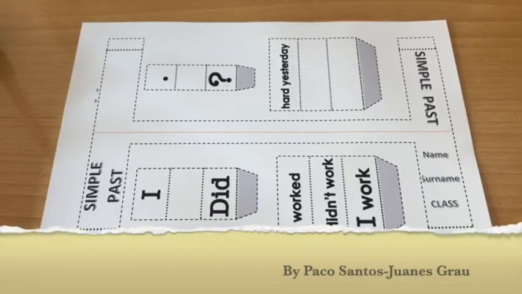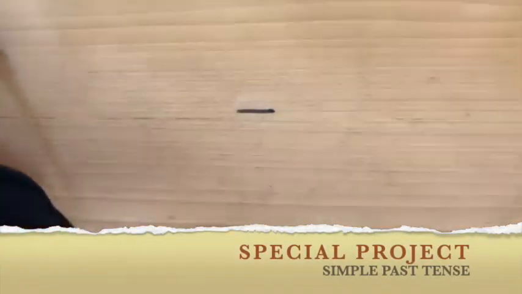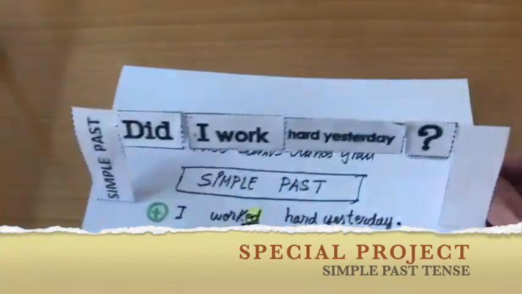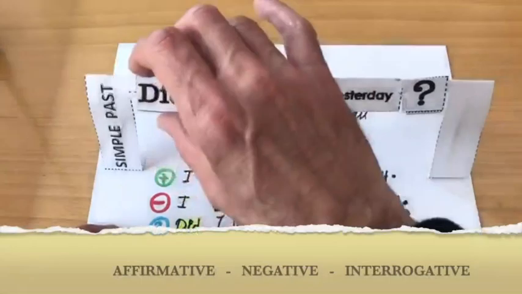Hi children, this is a special project for the simple past tense because we are going to assemble a paper craft to work in affirmative, negative, interrogative.